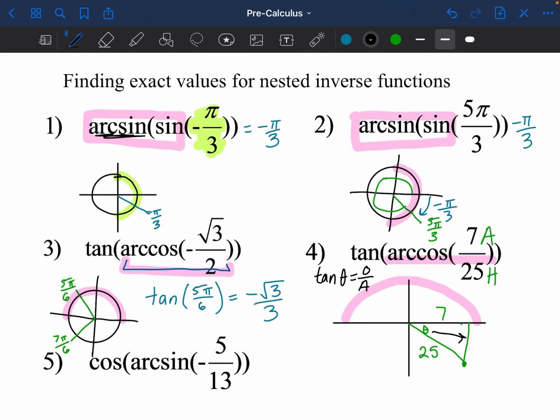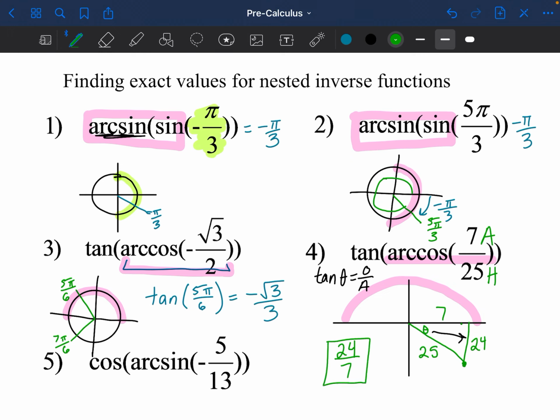In order to do that, we'd have to do the Pythagorean theorem, or we can remember the Pythagorean triples. This one is my favorite, the 7, 24, 25. So we can fill in that side as 24. Tangent is opposite over adjacent, so our final answer here is 24 over 7.